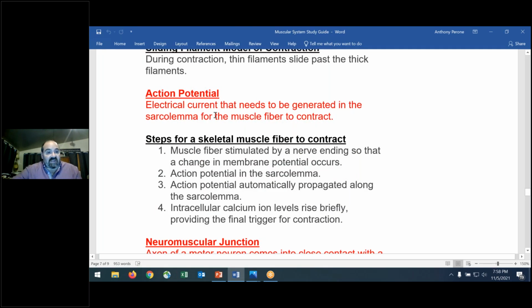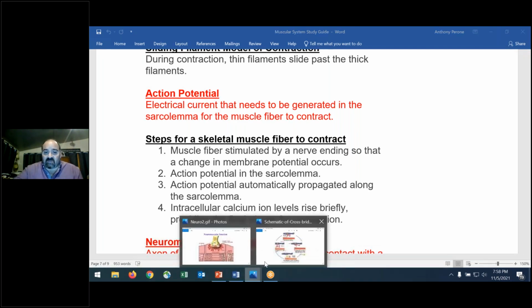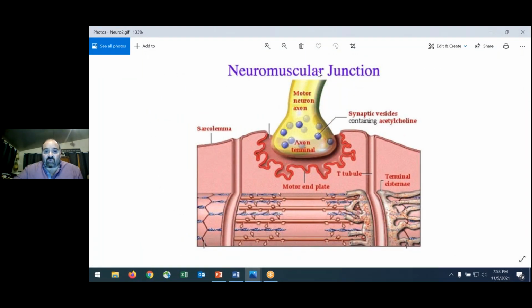That electricity, that action potential is really important. And again, it's important at the nerve, and it's also important on the muscle. So it's electrical event, chemical event, electrical event. And know that the neuromuscular junction, the nerve muscle junction, is a chemical synapse.